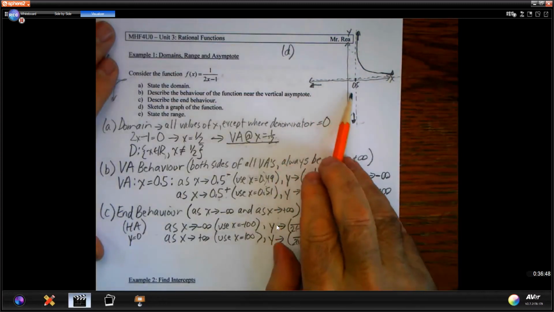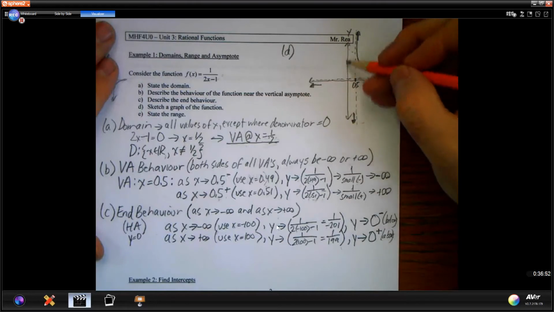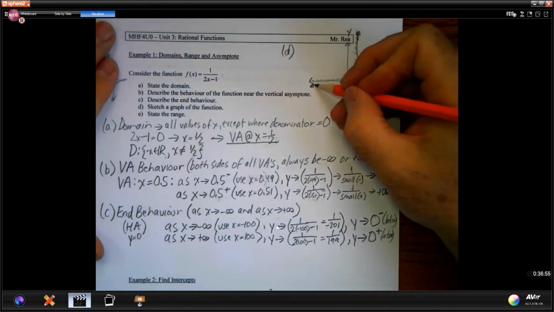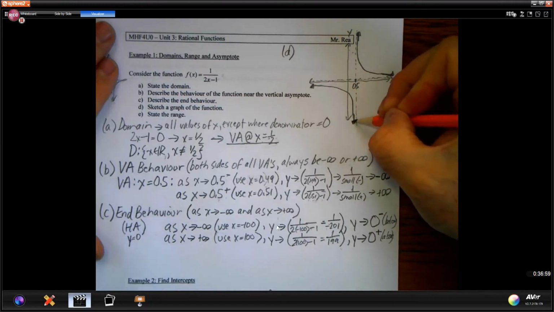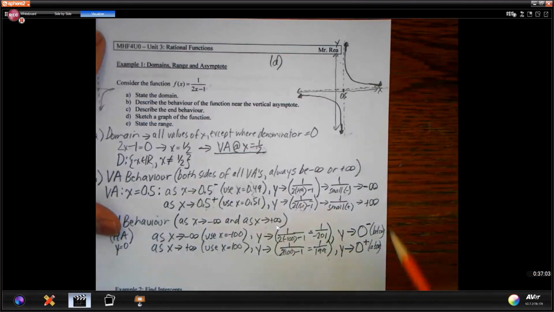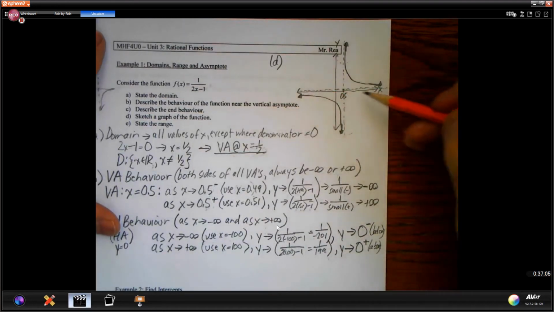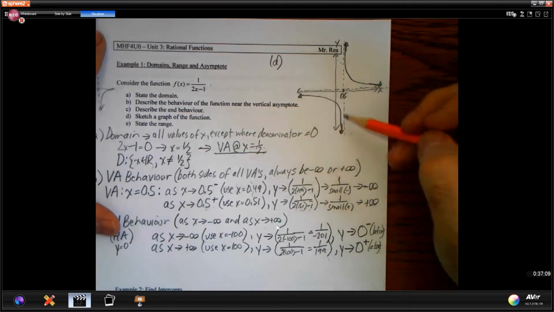Now I have a similar set here. Now there's the y-axis. I can definitely cross that. That's not an asymptote. So something like that. Now again, there's a fair bit of guesswork as to what's going on between here and here, but you get the general idea of what the graph looks like.